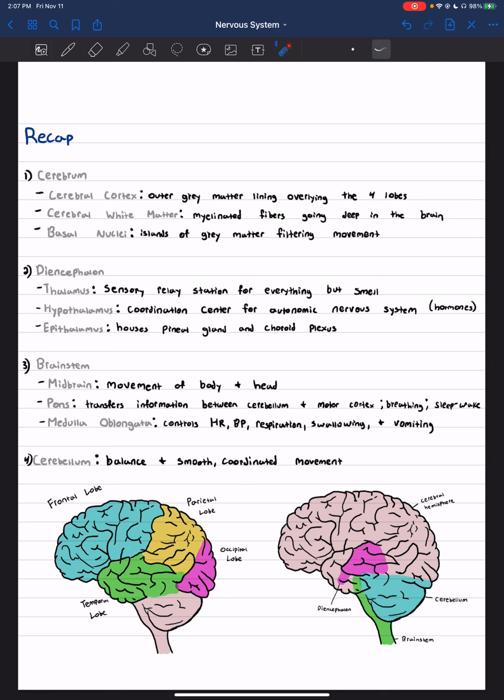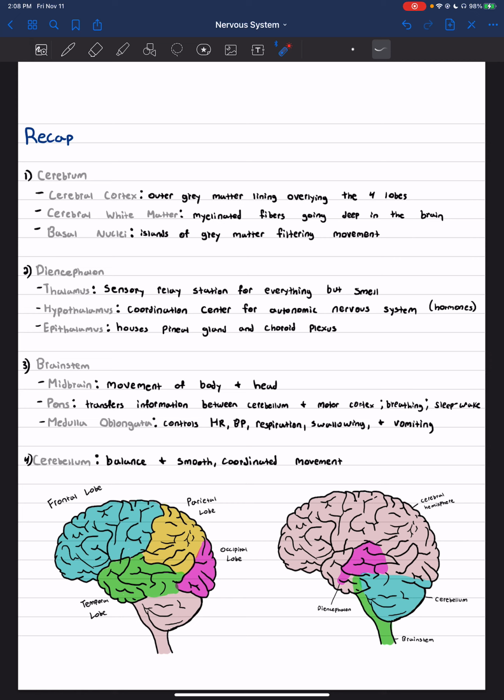Your cerebral cortex is this outer gray matter lining that overlies the four lobes of the brain: frontal, parietal, temporal, and occipital. We've also got cerebral white matter, which consists of the myelinated axonal fibers going deep into the brain for communication. And we've got the basal nuclei, which are these pockets or islands of gray matter that filter movement and accept or reject movement.